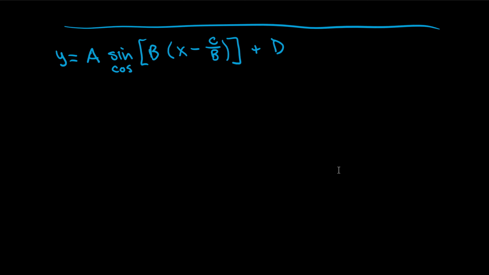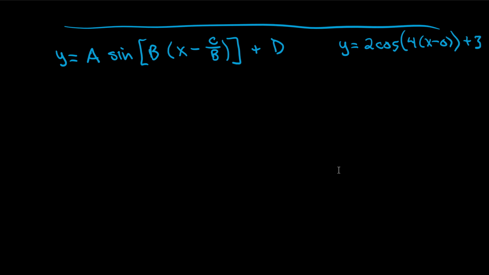So either of those two trig functions will work there and will be interpreted in the same way. A, B, C, and D are going to be constants, things like 2, 3, 4, 5, 6. So for example, we could come up with something like y is equal to 2 times the cosine of, let's say, 4 times x minus 0, plus 3. So you can see that in place of A, B, C, and D, you can have numbers.